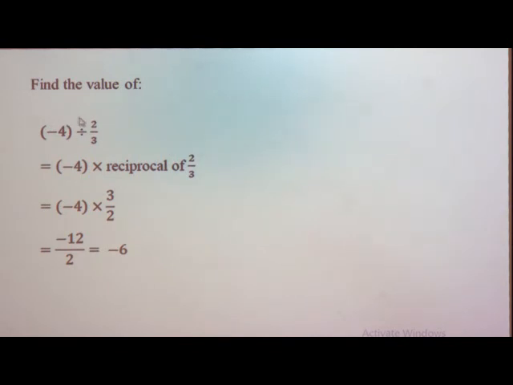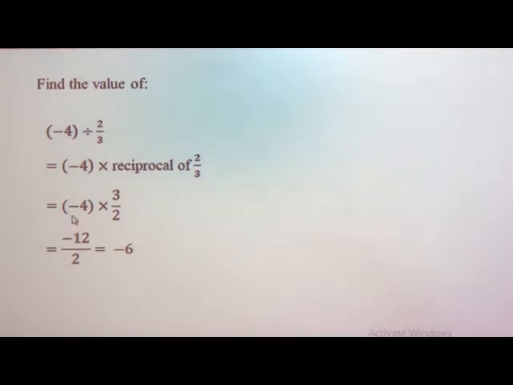Find the value of minus 4 divided by 2 upon 3. Here an integer is given. Minus 4 multiplied by the reciprocal of 2 upon 3. What is the reciprocal of 2 upon 3? Yes, you are right, it is 3 upon 2.